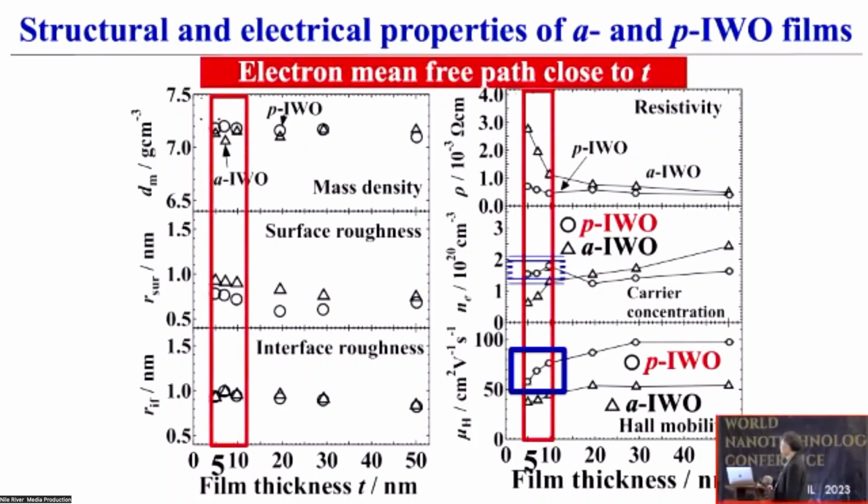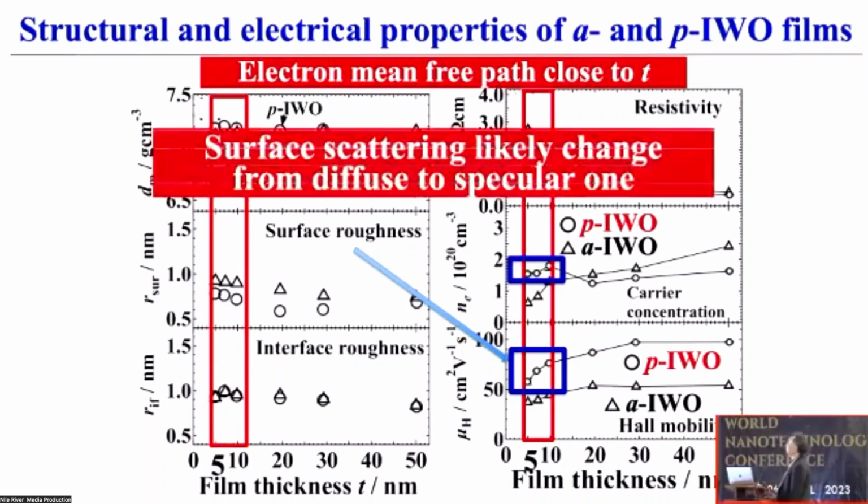Please focus on the very thin films of less than 10 nanometers. With decreasing film thickness, carrier concentration changes little, whereas Hall mobility sharply decreases. Surface scattering likely changes from diffuse to specular.